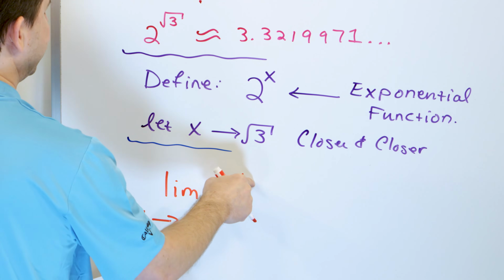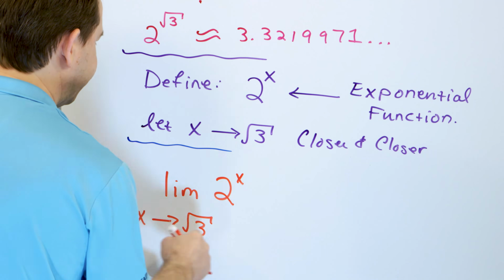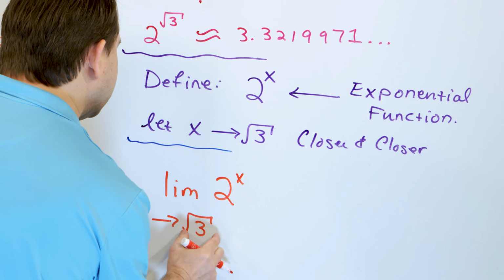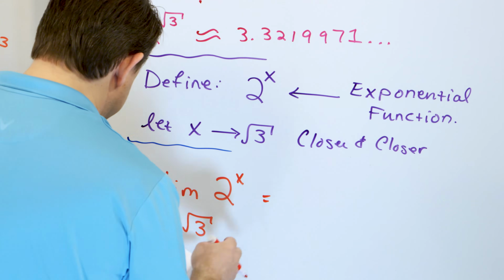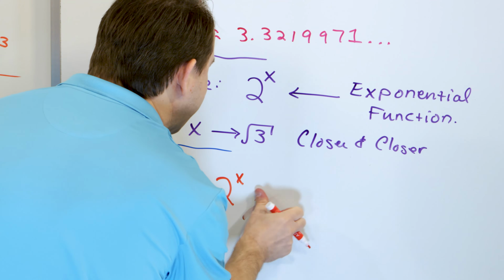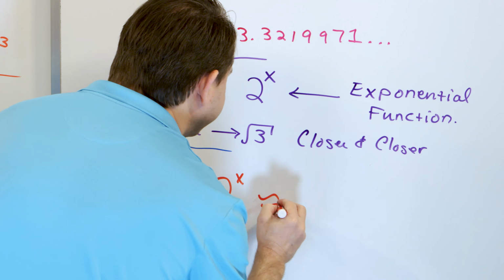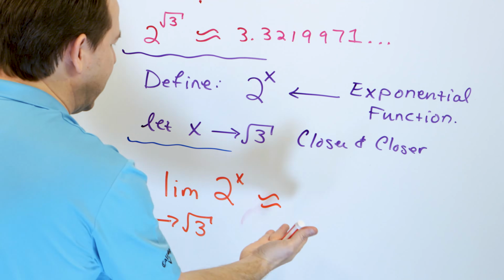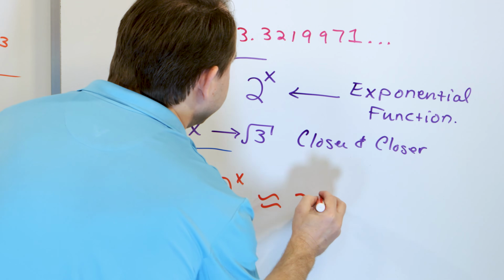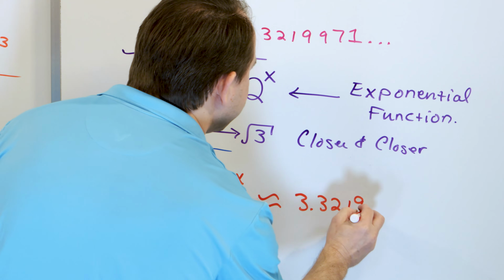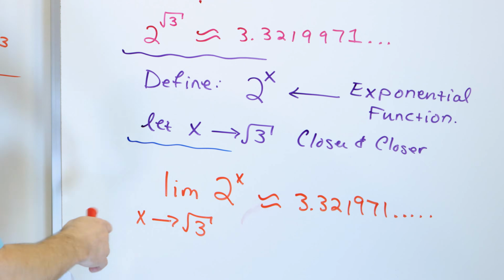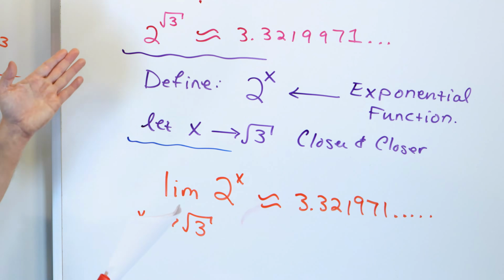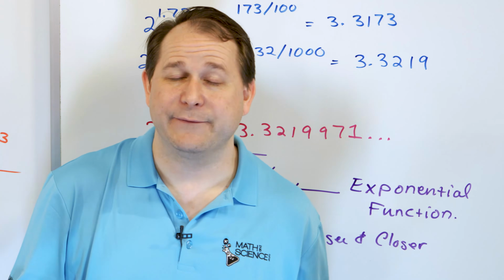A little bit closer, 1.732. A little bit closer, a little bit closer, a little bit closer. I get infinitely close to this very specific thing I'm trying to calculate. Then what's going to happen is I'm going to have an answer, which is approximately, because I can't ever really quite get there, 3.321971... never ends.